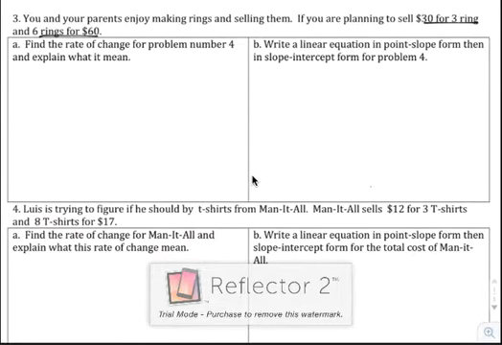And then distribute, you get 10x minus 30. y minus 30, you add 30, y equals 10x plus 0, or just y equals 10x. 10x plus 0 is still 10x. Okay.